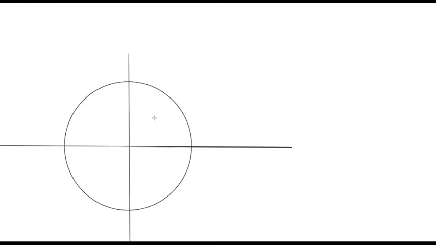So we're going to start with a right triangle in a circle. So when we talk about the unit circle, it's just the special name that we use for a circle that has a radius of 1.